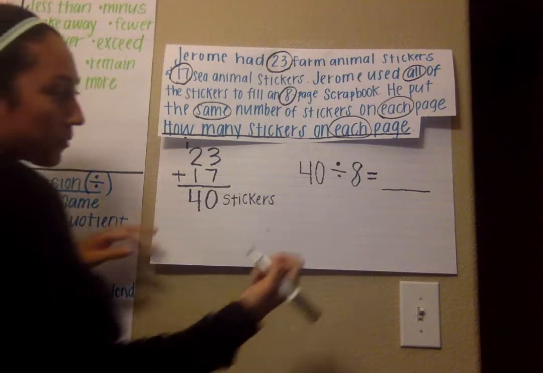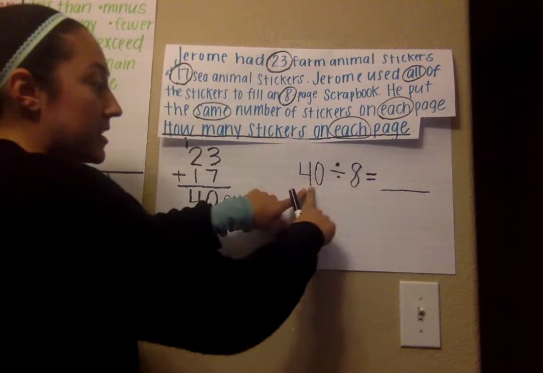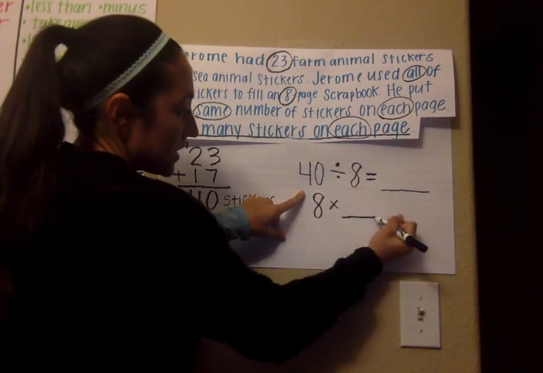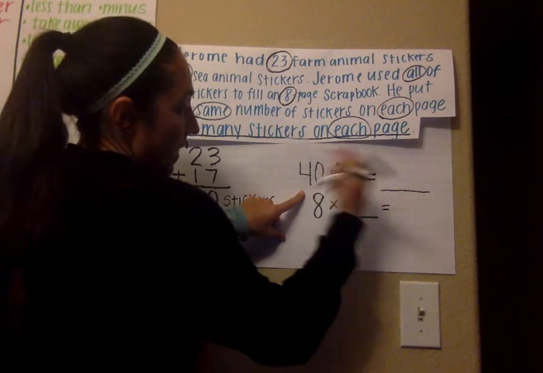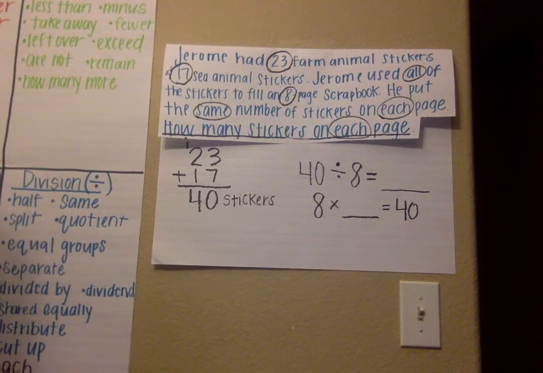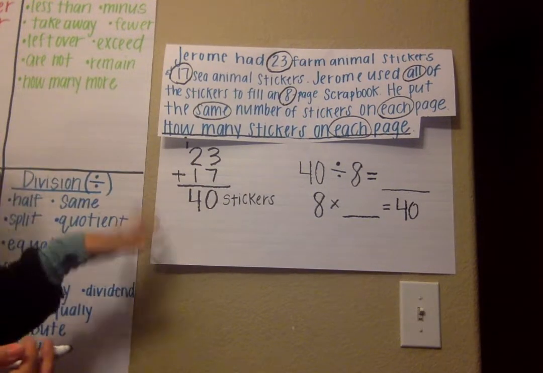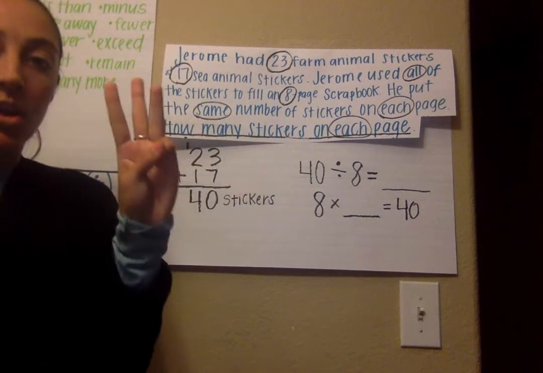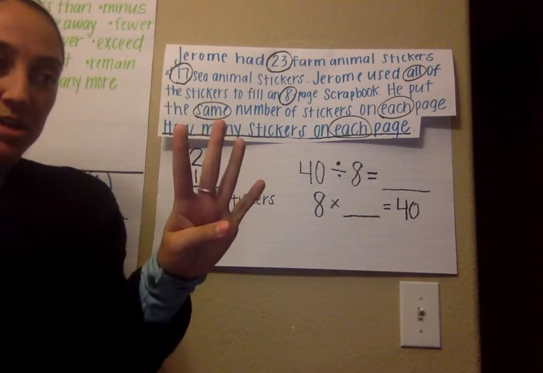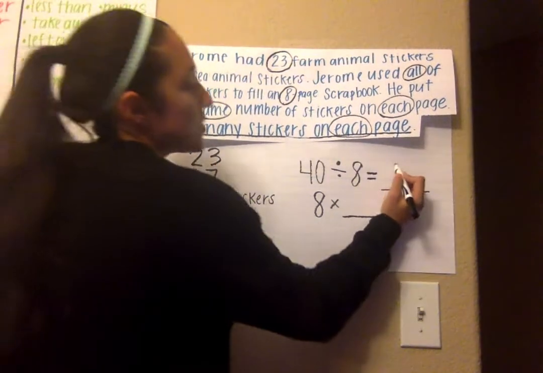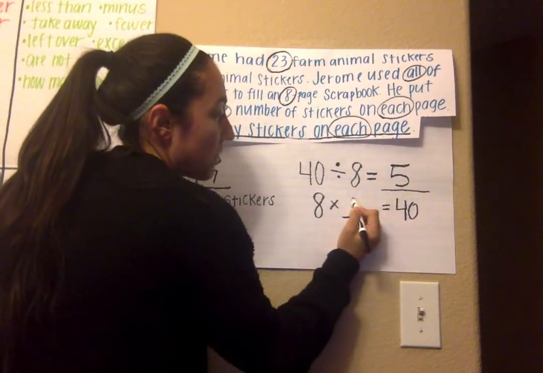This is a review of what we did on Monday. So we're going to take 8 and put it first, times a number, and then our answer is going to equal 40. If I counted by 8s until I got to 40, it would be 8, 16, 24, 32, 40. So I counted 5 times, so my answer is going to be 5.